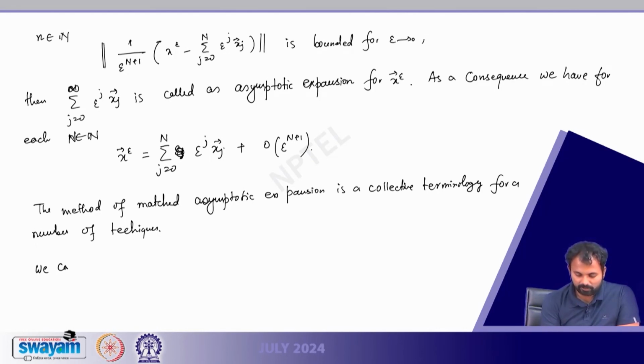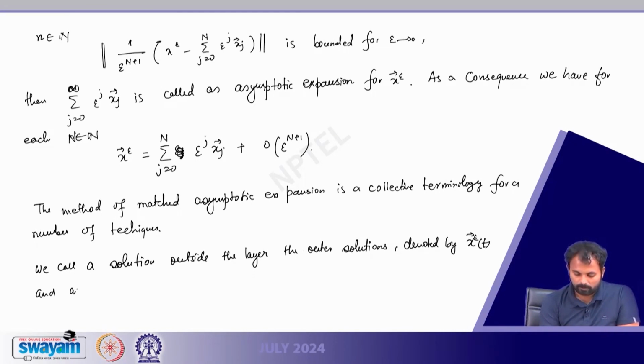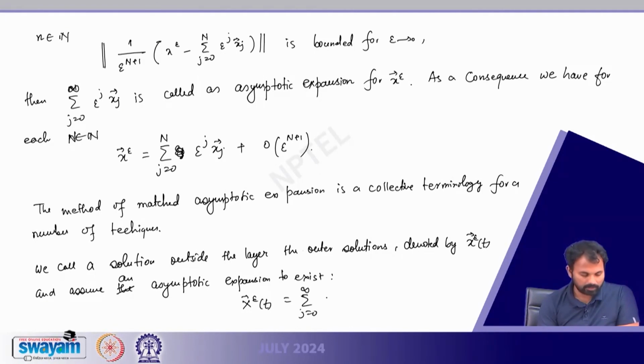So we call a solution outside the layer the outer solution, denoted by x epsilon of t, and assume an asymptotic expansion to exist, which is of type x epsilon of t equals summation j running from 0 to infinity of epsilon j x j of t, right. So this is what we mean by the outer solution.